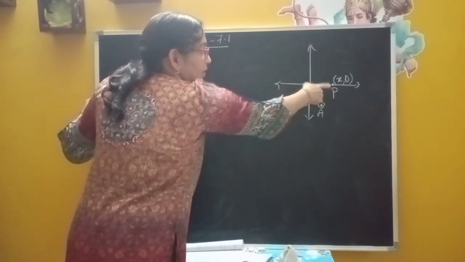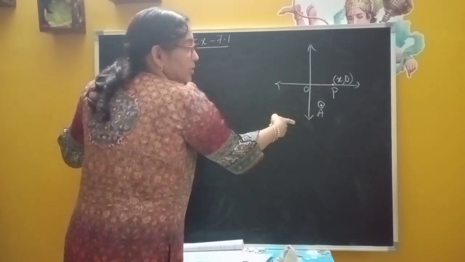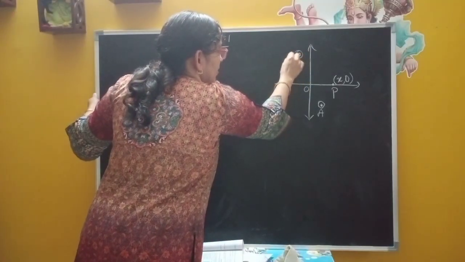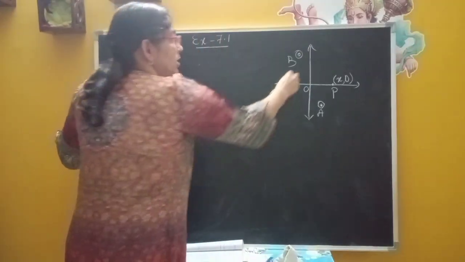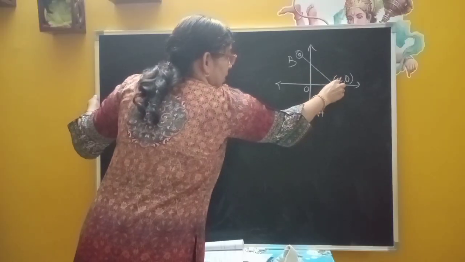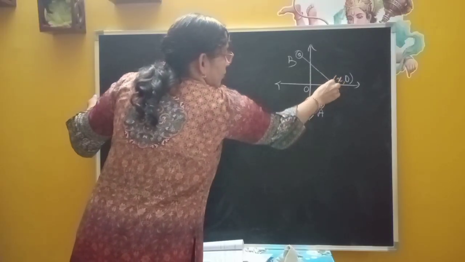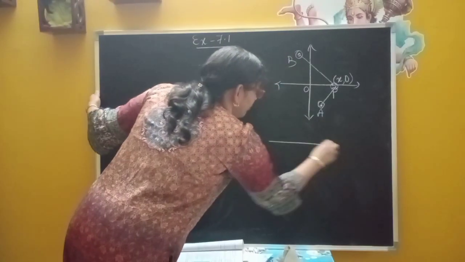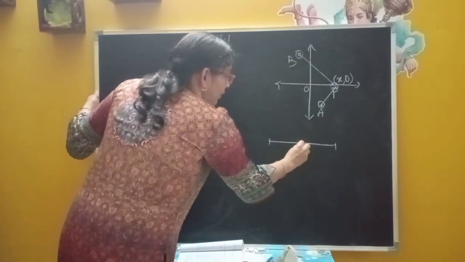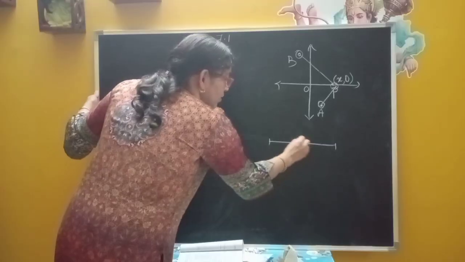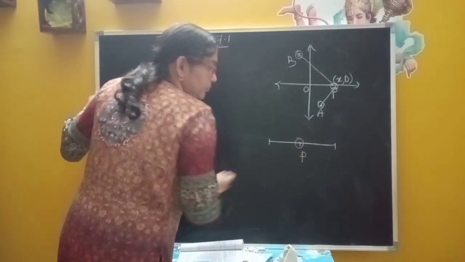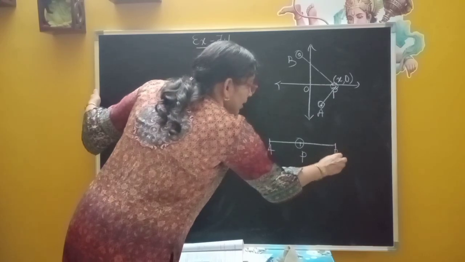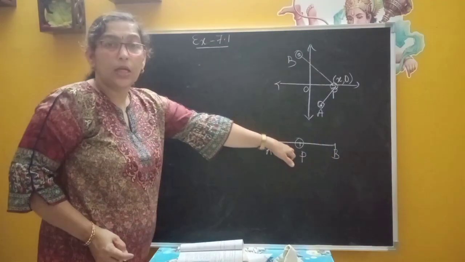This point P is equidistant from these 2 points, this is A and this is B. According to the question, if we join them like this, the distances obtained from this point are equal. Equidistant means this would be the point P. The distance from A to P and the distance from B to P are both the same.